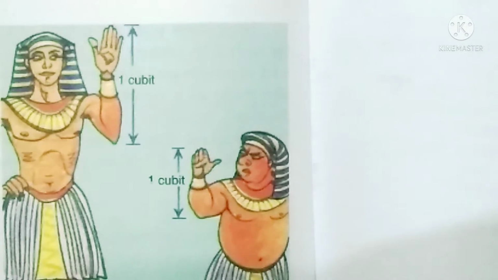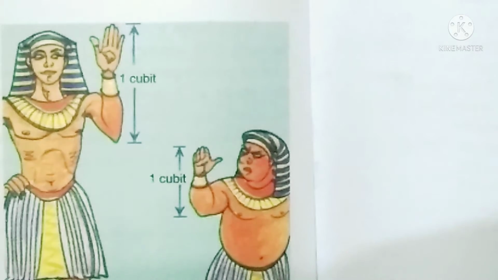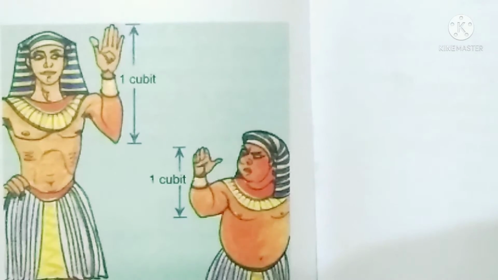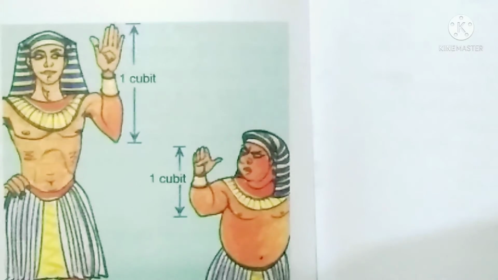Now, what is a standard unit? A standard unit of measurement is the one which has a fixed value, which does not change from person to person or place to place.